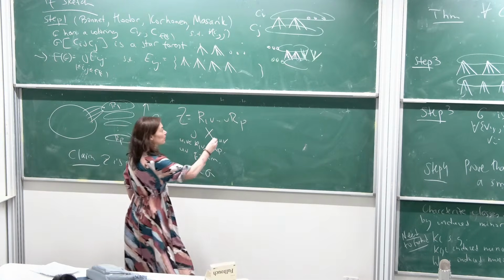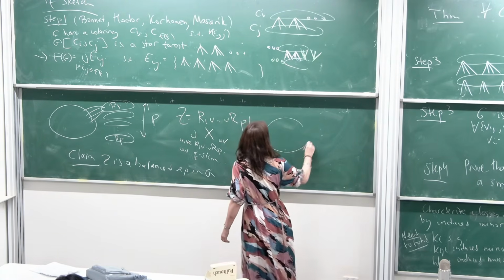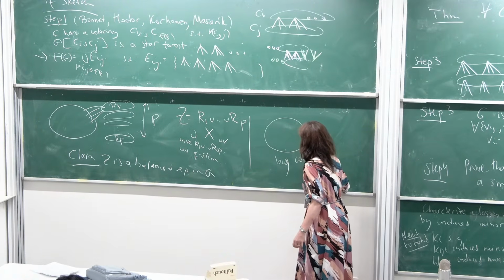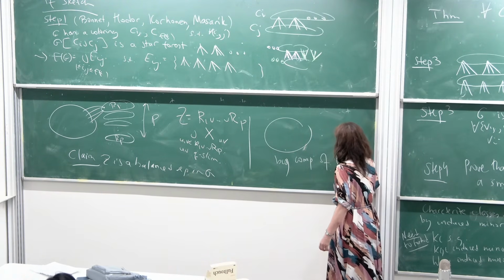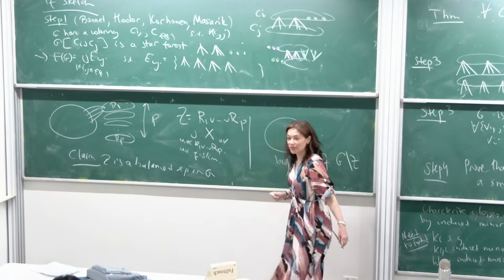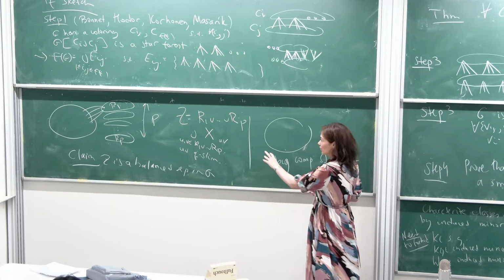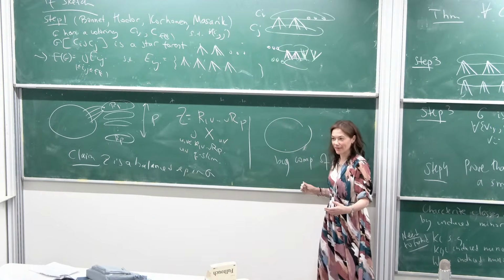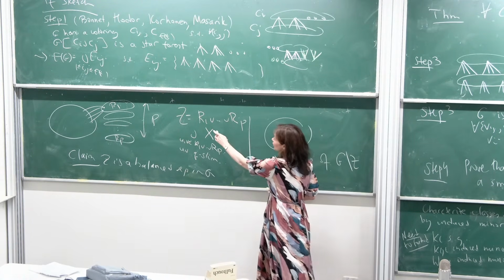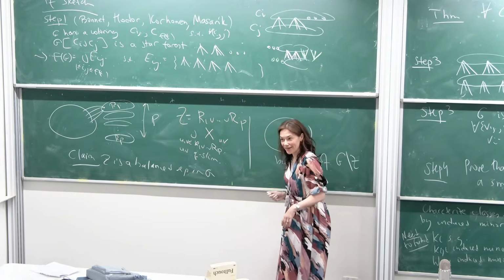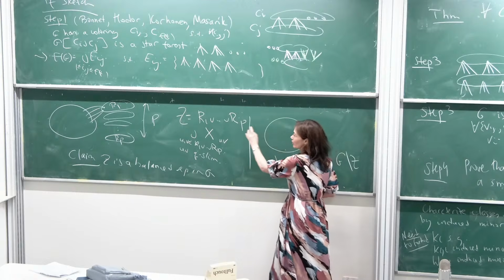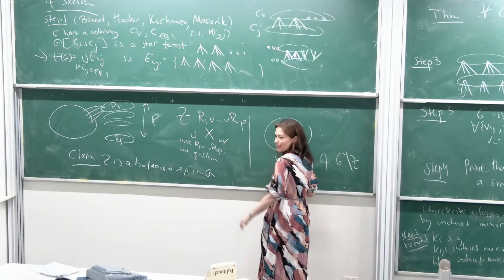So why is that? Well, suppose here is a big component of G minus Z. Now remember, when I removed Ri plus their neighbors, there were no big components, because for each i, Ri plus its neighbors was a balanced separator. So that means for each of these Ri's, some vertex there has a neighbor in this component. Because this is not in the neighborhood of R1, this is not in the neighborhood of R2.